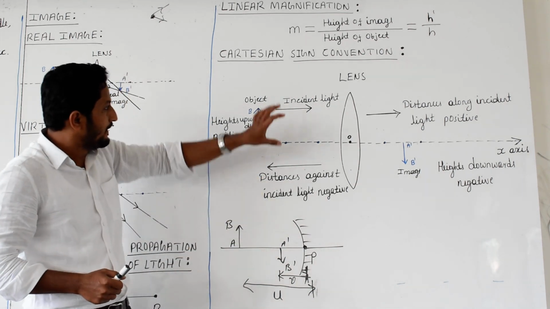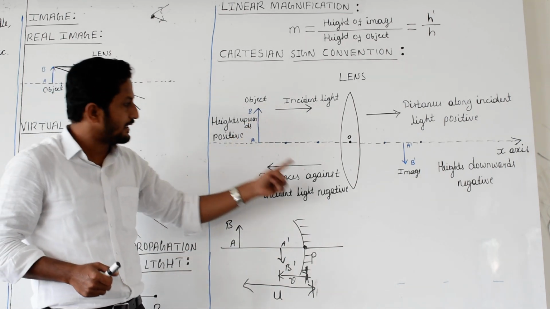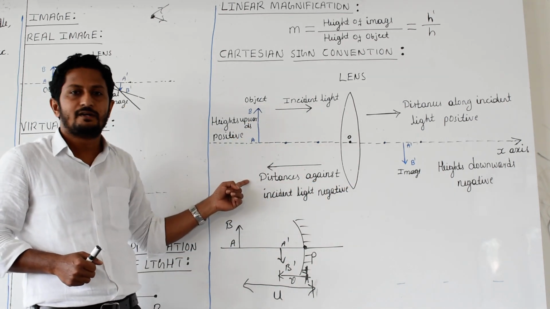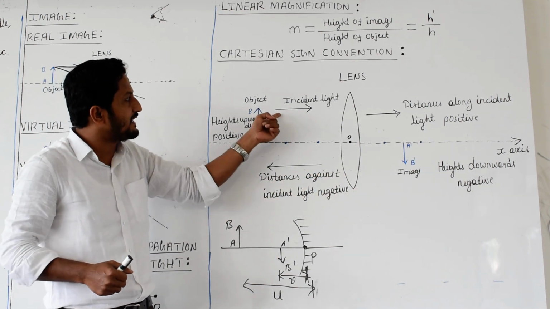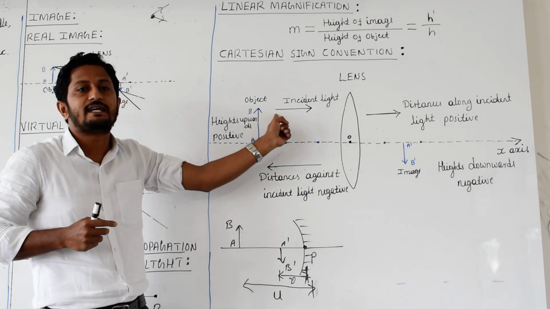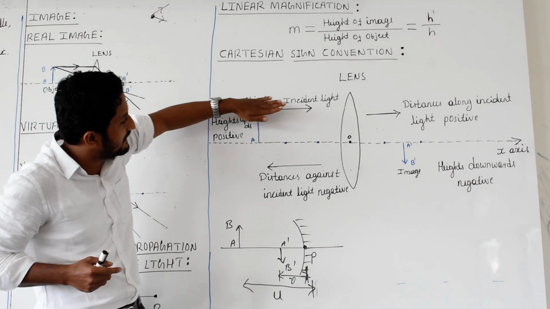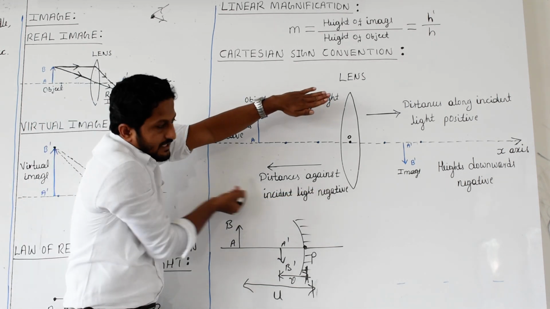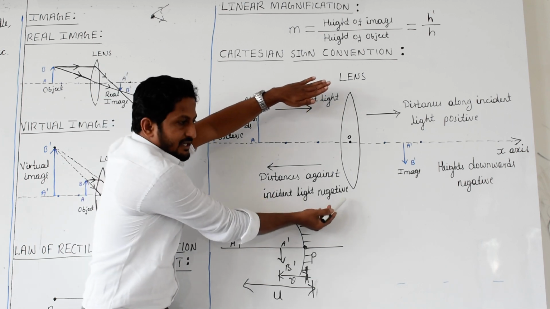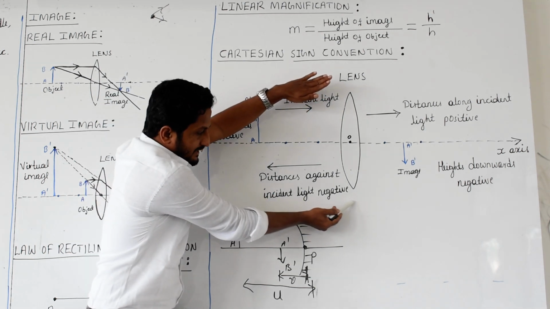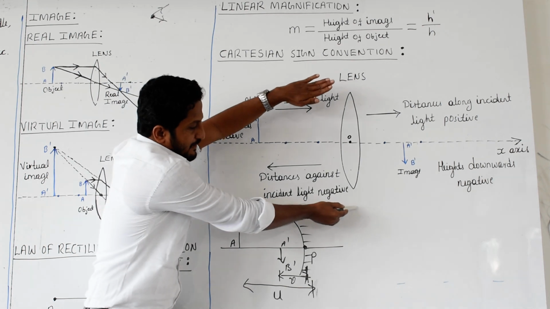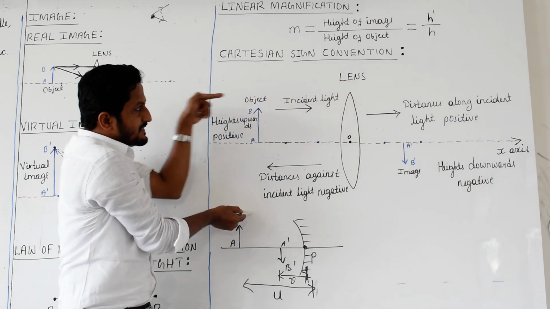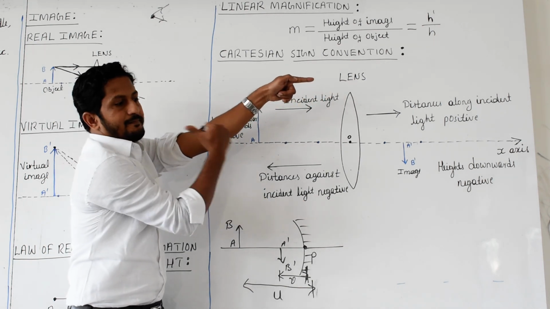See here, the object is here. That object distance measurement is going against the direction of the incident light. Incident light is like this, and your object distance measurement is going like this. You are measuring that object distance from the optical center to that object. The measurement is like this, and the incident light is like this.